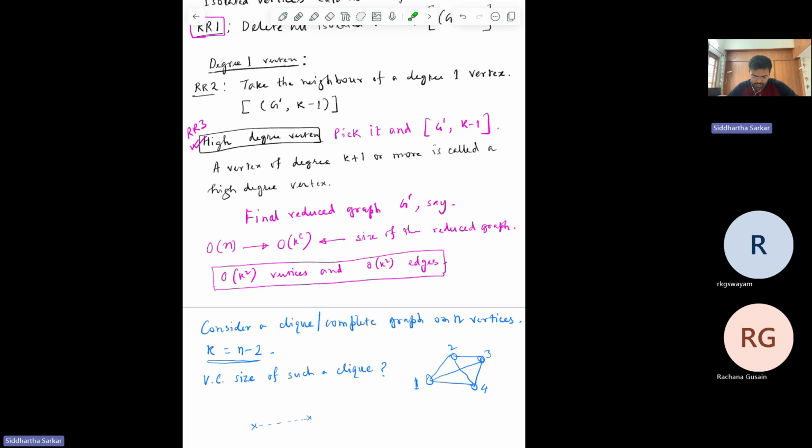You have to check how many vertices and edges are there in the reduced graph. If the number of vertices and edges in the reduced graph is small, some polynomial in k, let us say k squared vertices and k squared edges are left, then how much time do you require to find whether a vertex cover of size k exists or not in this reduced graph?